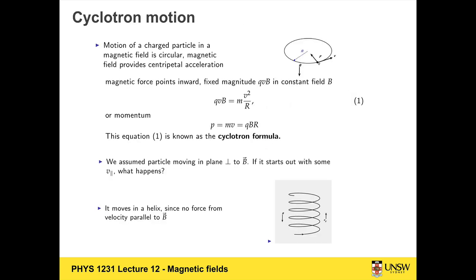So the motion of a charged particle in a magnetic field is circular, and the magnetic field provides a type of centripetal acceleration. And so if you want, you can derive the so-called cyclotron formula, which relates the magnetic field and the velocity to the radius of curvature of this motion in this plane.